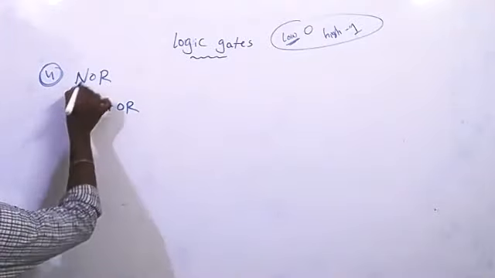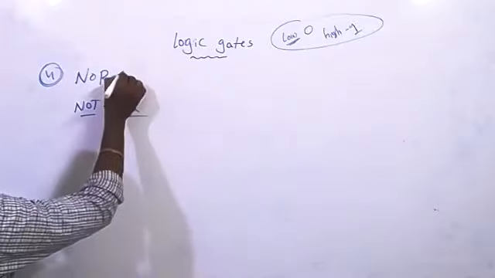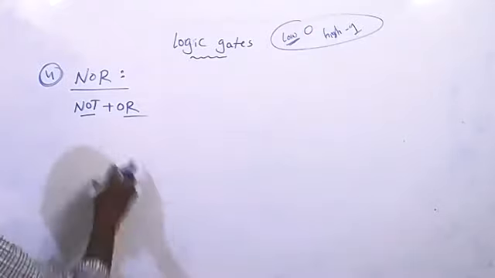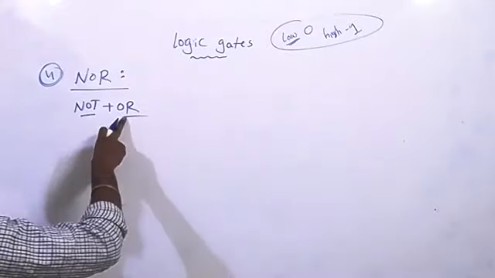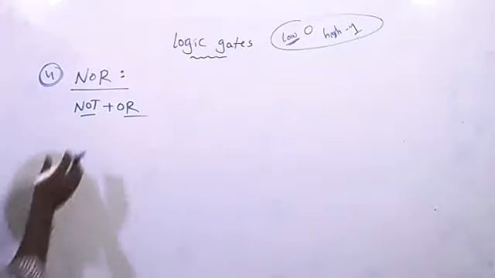So the NOR gate is the combination of NOT plus OR. Prisha, am I clear? Yes, sir. NOT plus OR is nothing but the NOR gate. Okay, it is the combination of two basic gates. Clear? Yes, sir.